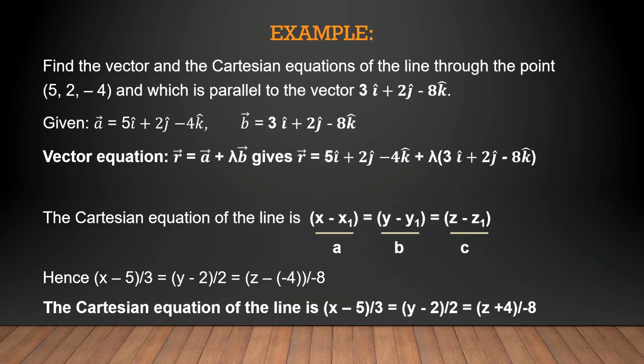That means a, b, c are respectively 3, 2 and minus 8. Put the values in the formula. The Cartesian form of the equation is x minus 5 upon 3 is equal to y minus 2 upon 2 is equal to z plus 4 upon minus 8. And you can compare both the equations. See, you can get one equation from the other.